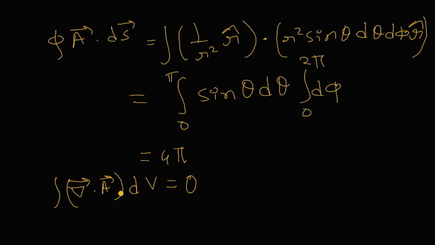But we know that from the divergence theorem, this value is equal to this value. So from the divergence theorem we are getting that these two should be equal, but as we can see these two are not equal. So why is this?